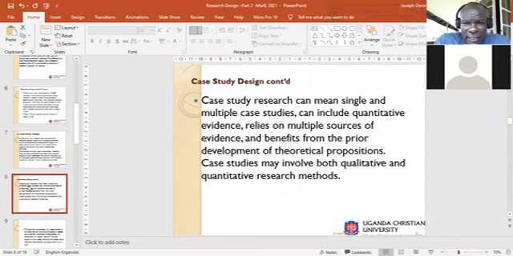So case study design can mean single or multiple case studies. You can do that with a department in Century Bottling Company in Namanve, and then you go to another plant, and then you study maybe the same department, and then you go to another one, then you study the same department, so that you can have multiple case studies.